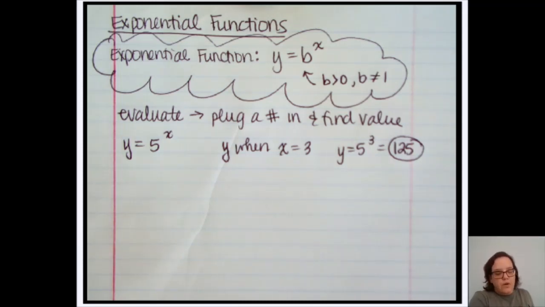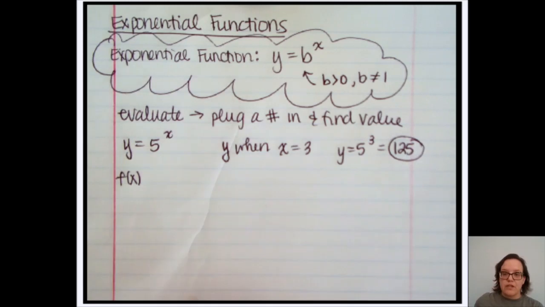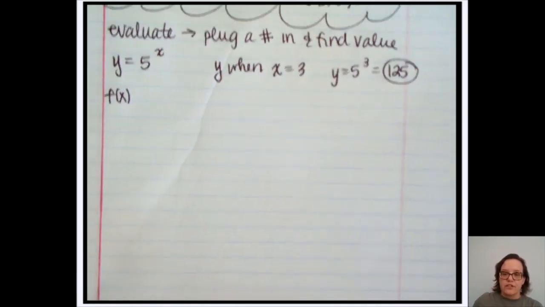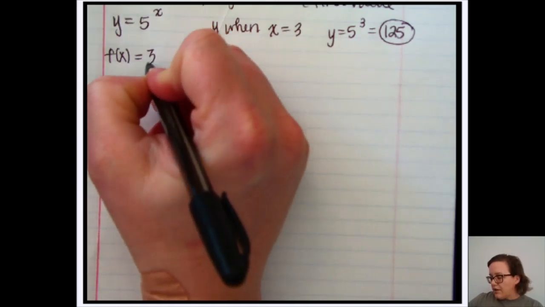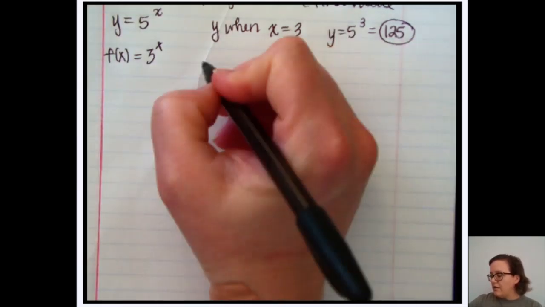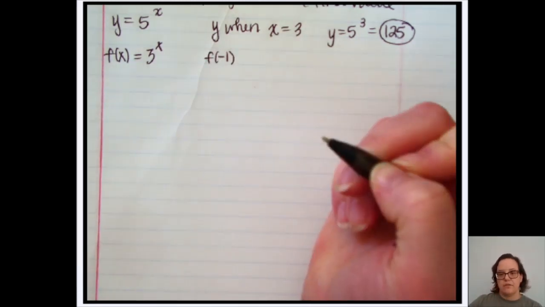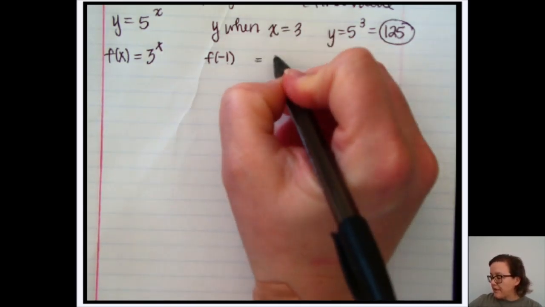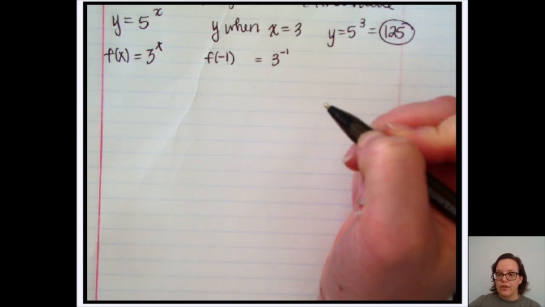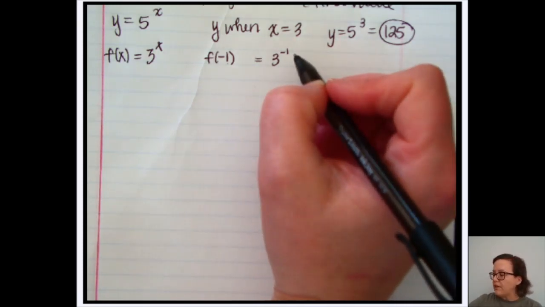Or maybe even more commonly, we would have it in function notation, because exponentials are functions. So if we have f of x equals 3 to the x, what would f of negative 1 be? Well, that just means we plug in negative 1 for x. So we have 3 to the negative first, which yes, you can put in your calculator, but hopefully you remember that when you have a negative exponent, we just flip it.